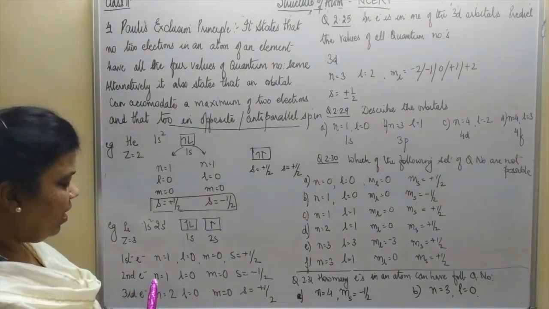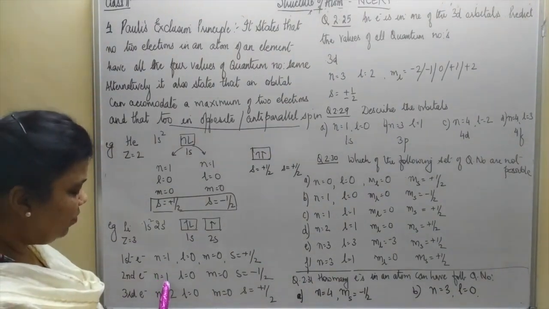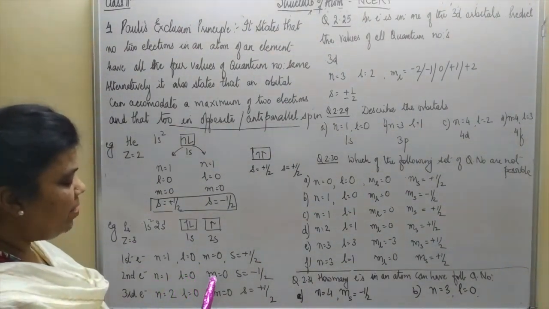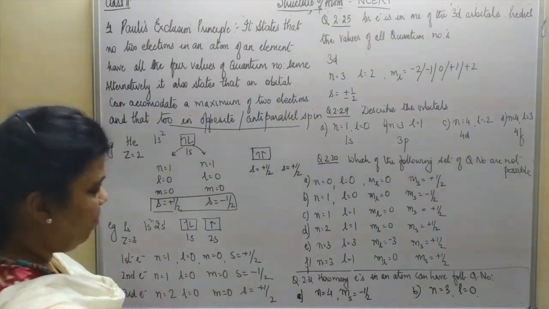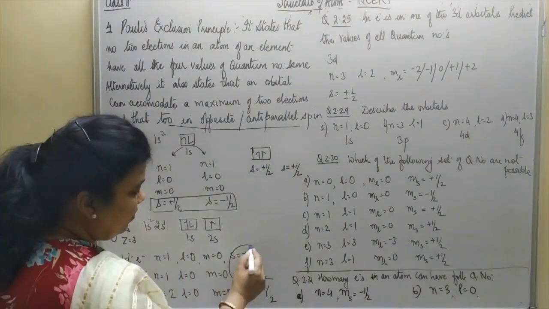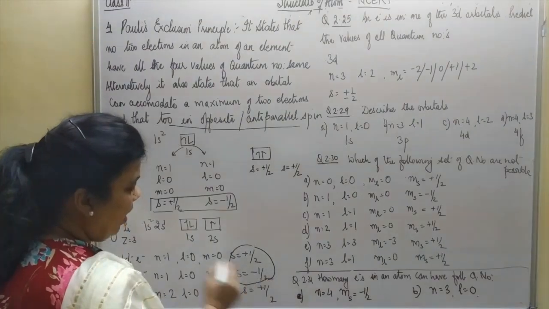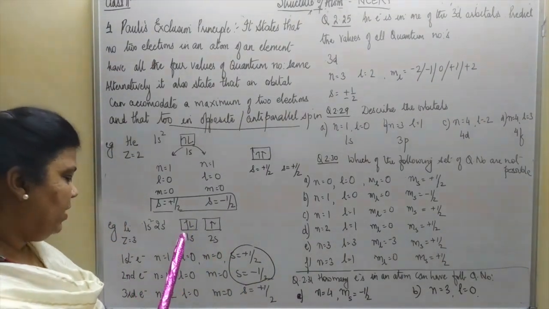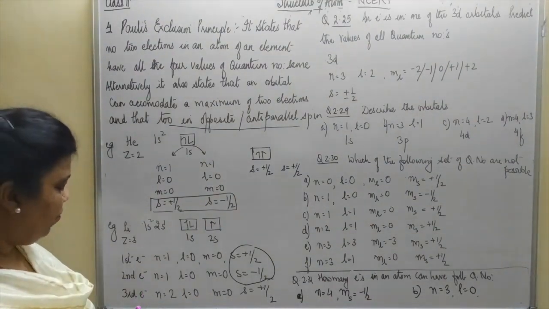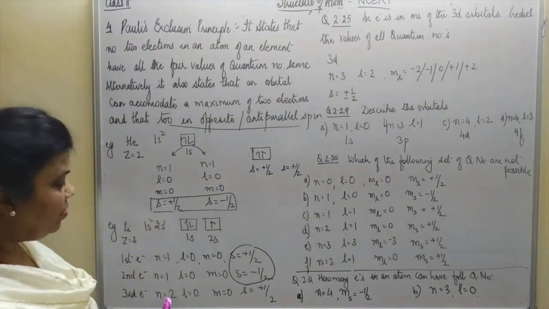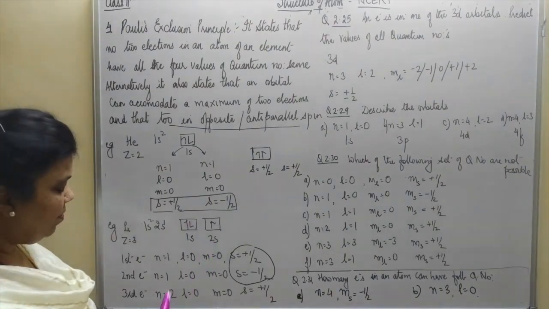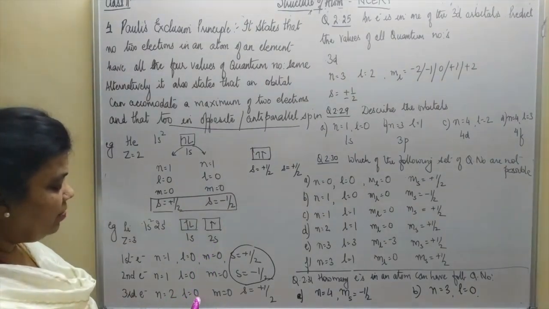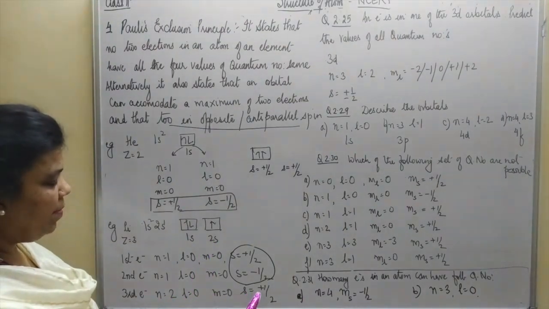For the second electron, n is 1, l is 0, m is 0, all 3 values are the same. But the fourth one is different because the electron is in opposite spin, that is the anti-clockwise spin. For the third electron, n is 2 because it is present in the 2s subshell. So n is 2, l is 0, m is 0, and s is plus half.